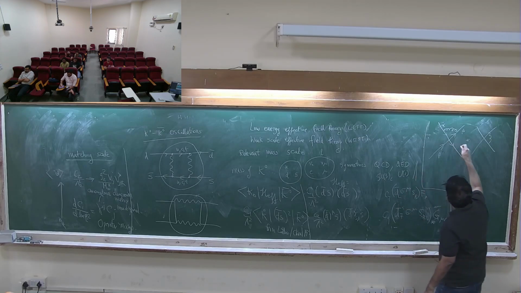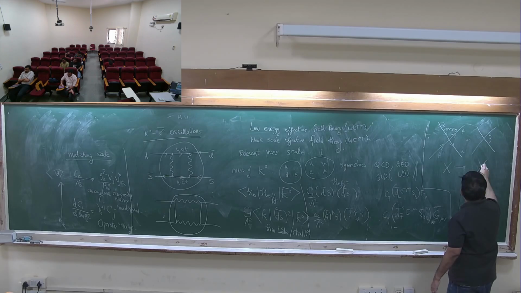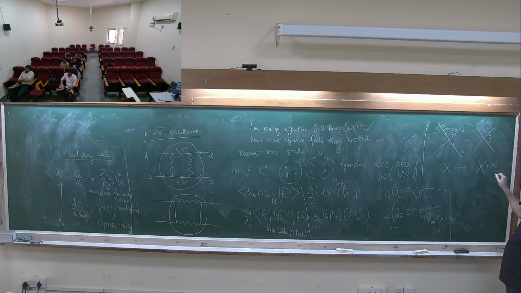So this diagram will be equivalent to the original diagram times some alpha by 16 pi squared, times some constant, let me call it C, times some log factor, which corresponds to the difference between the scales.